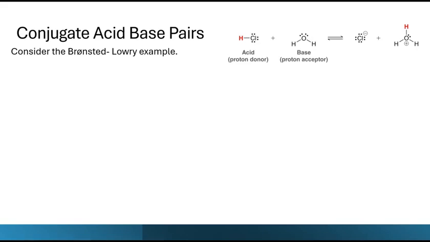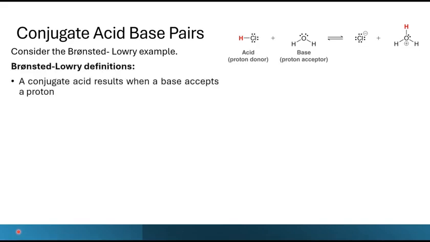Conjugate acid-base pairs. Let's consider the Bronsted-Lowry example where we have hydrochloric acid dissolved in water. The acid is the proton donor and the base is the proton acceptor. But the products are called the conjugates because now we have a new acid and base. A conjugate acid results when a base accepts a proton, and a conjugate base results when an acid gives up a proton.